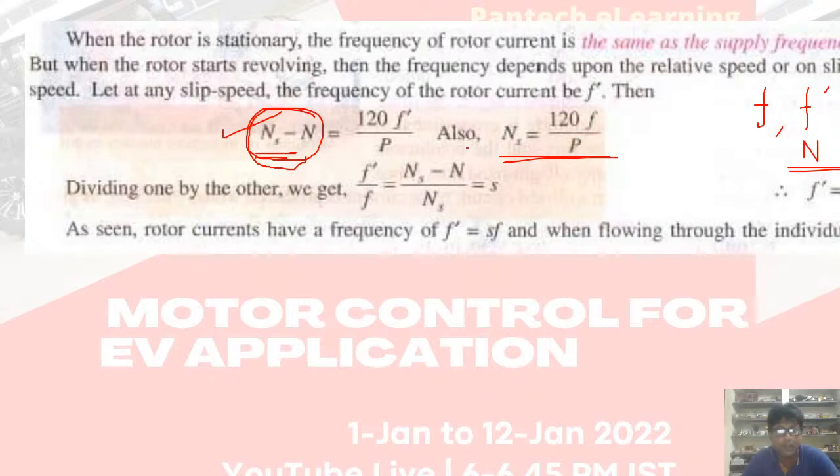If you divide these two equations, you will get f' by f equal to (Ns minus N) by Ns, which is the slip basically.